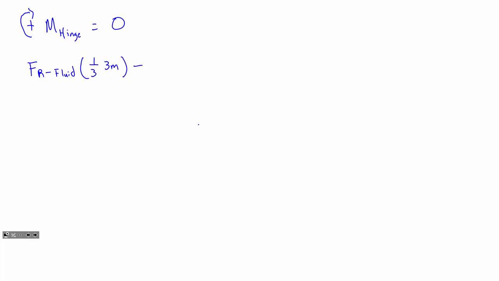The moment associated with the force to keep the gate closed has a moment arm of 3 meters, and it's set equal to 0. So we can rearrange this equation. The force that we're interested in is going to be the resultant force of that fluid divided by 3.